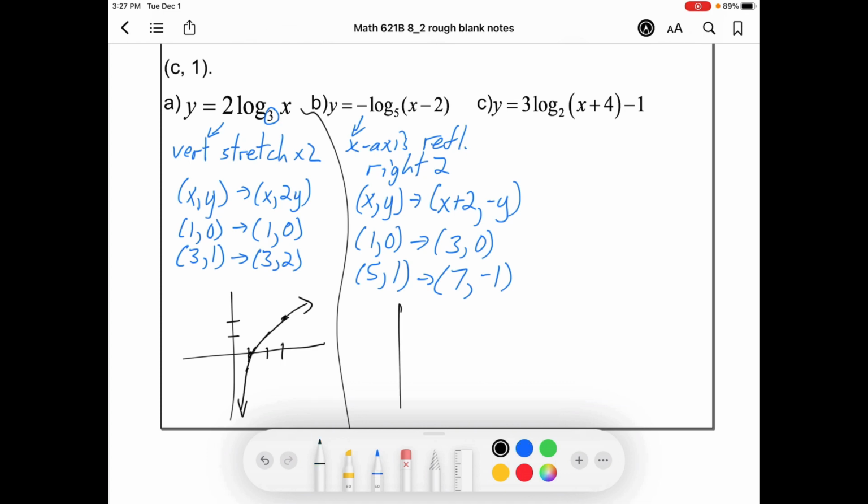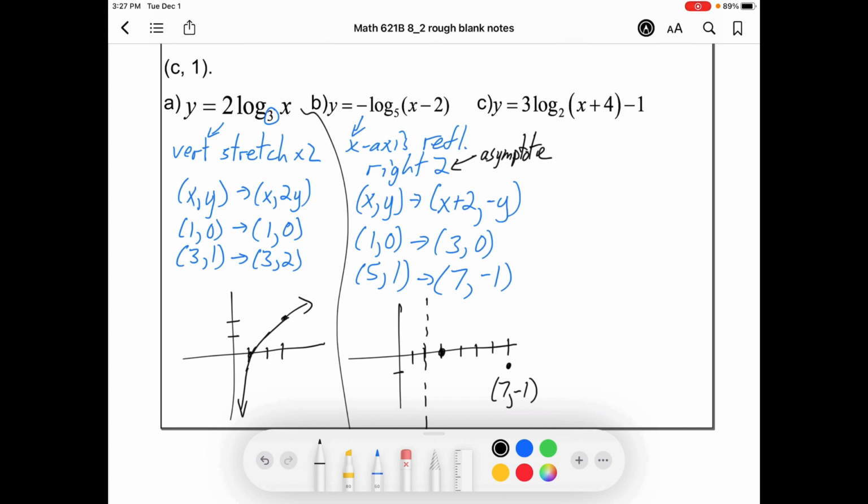All right, we're ready to generate the graph. The thing I might want to notice here is that right 2 means that the asymptote has moved to the right 2. 1, 2, there's my asymptote. I'm going to make some other points here. So there's the point (3, 0), and there's the point (7, negative 1), right over here.